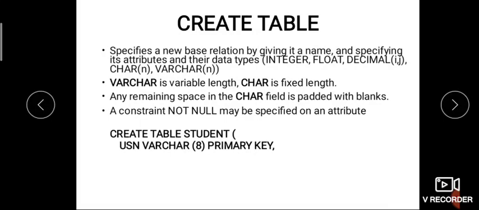USN, university seat number, is a unique value which is not repeated for any student. Each student has a unique USN. So we will make that the primary key to uniquely identify each student in the class.